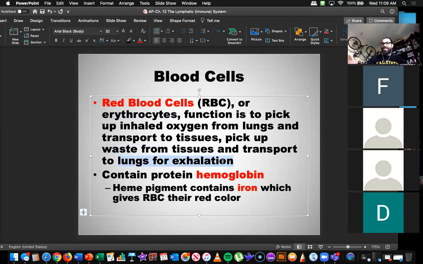So that should not be anything new, right? This is something we already looked at in the respiratory system. The reason I want to mention it here, though, is because there's different parts of blood, and the red blood cells, that's pretty much their function. But the white blood cells are very important, and that's what I want to talk about in detail today.